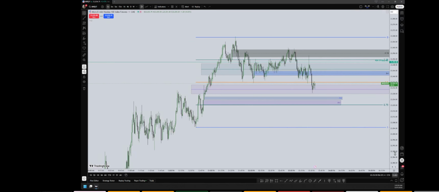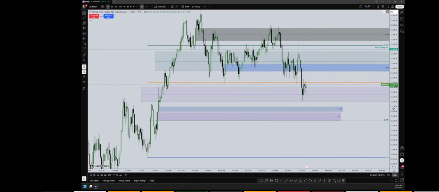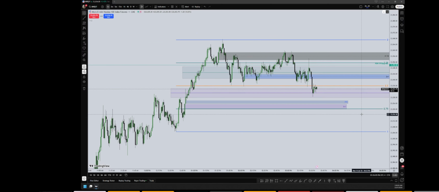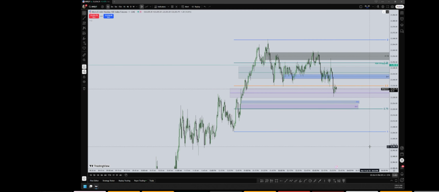I don't usually like these thick lines, but just for the sake of sharing the chart, I saved the template this way.